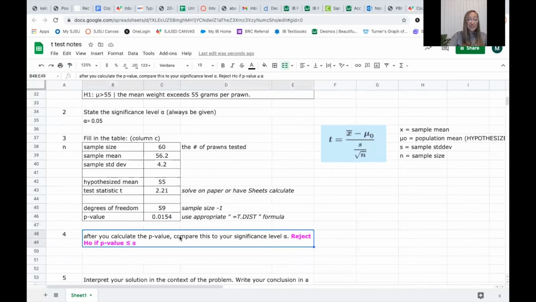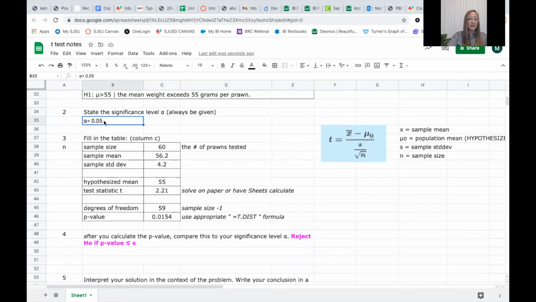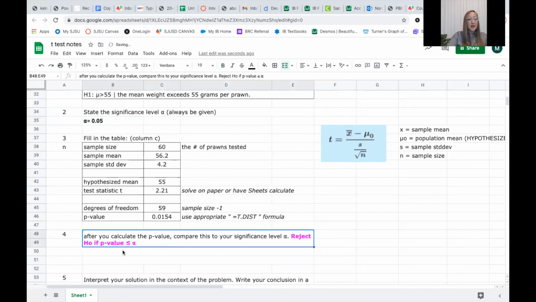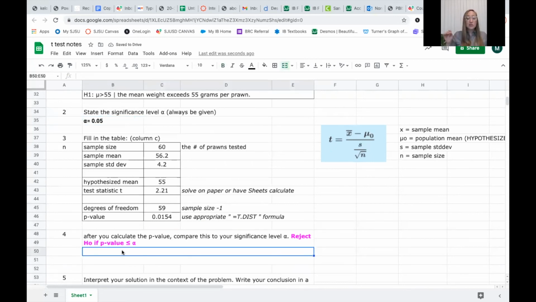Now that we've calculated the p-value, we compare this to our significance level alpha, which we have written up above here. And remember, in order to move on to our action or our alternate hypothesis, we need to be able to reject the null hypothesis, H naught. We reject it if our p-value is less than alpha.